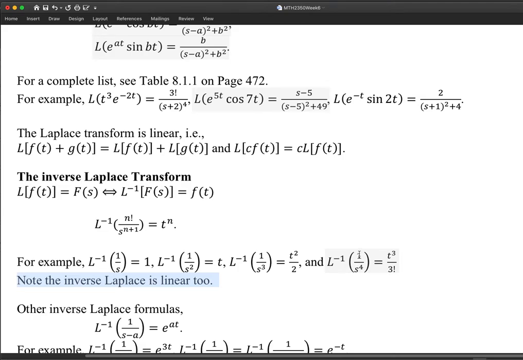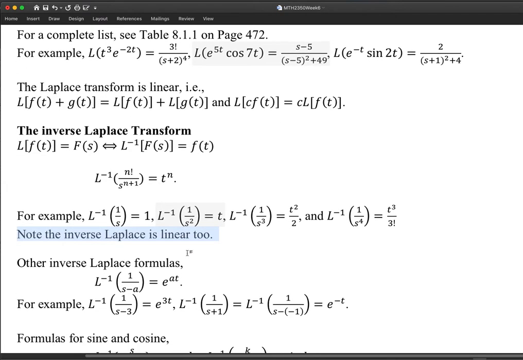Certainly the 3 factorial on the top goes with this formula. The 3 factorial in the denominator stays there. The reason we can keep the 3 factorial as it is, is because the Laplace transform and the inverse Laplace transform both are linear.